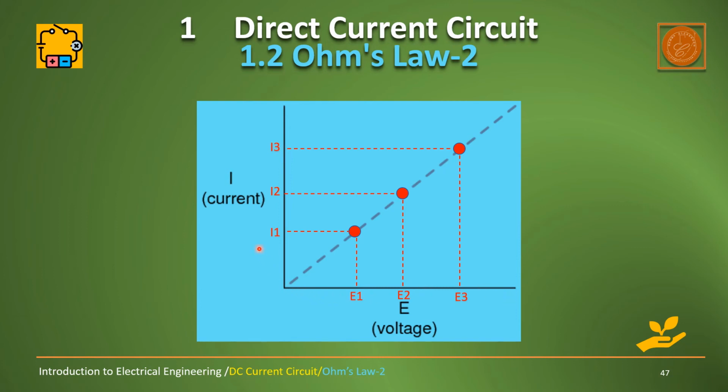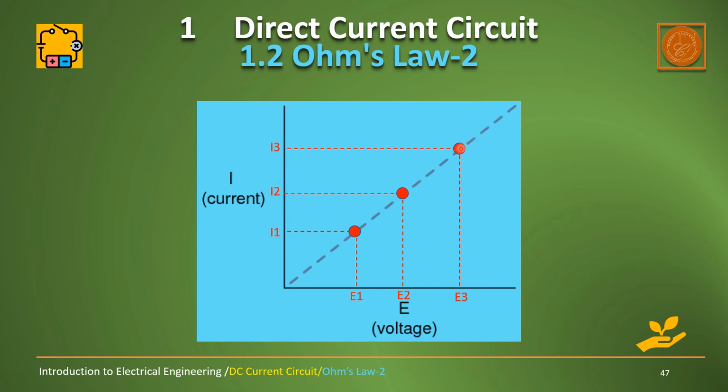If we draw a horizontal line from I1 and a vertical line from E1, the crossover point is here. We call it point 1. Similarly, we can call them point 2 and point 3. We can see all the points are located on a straight line.